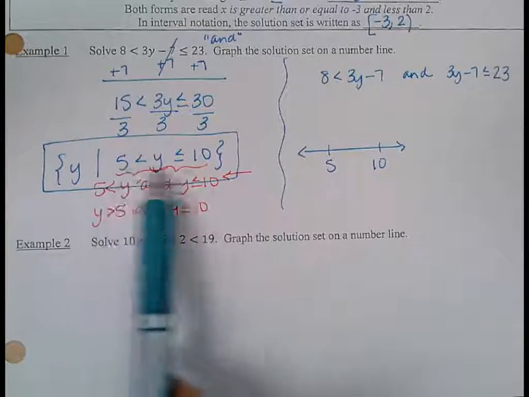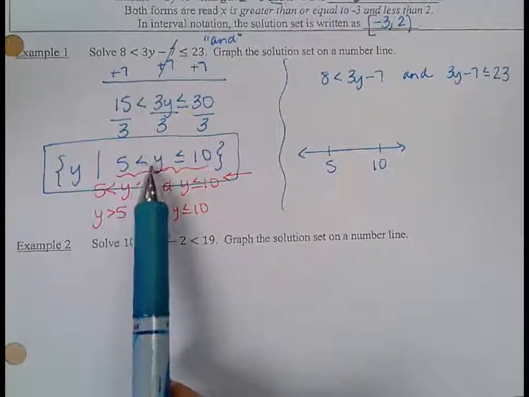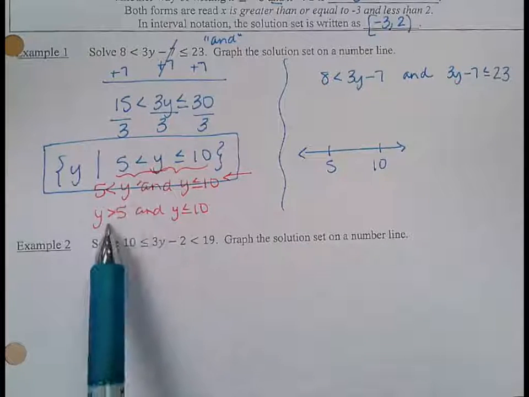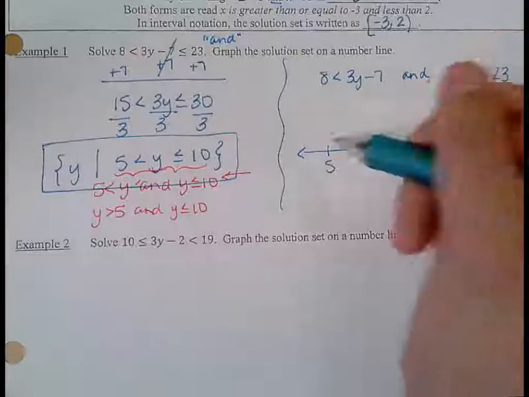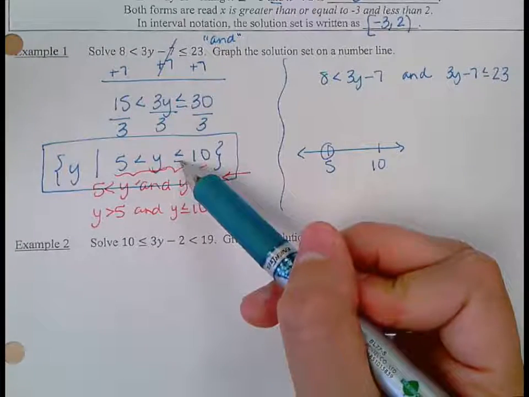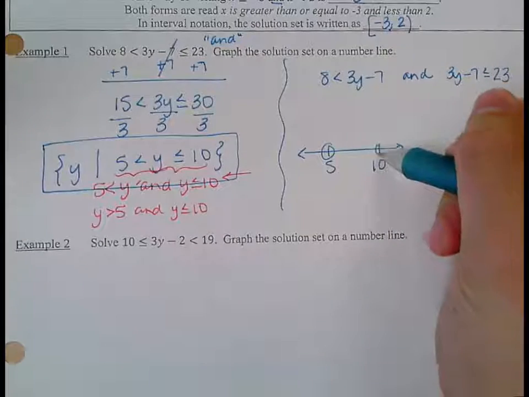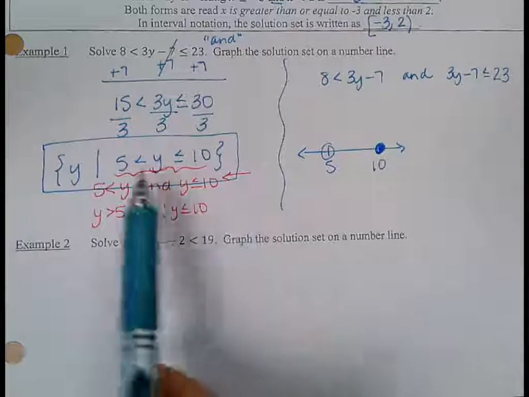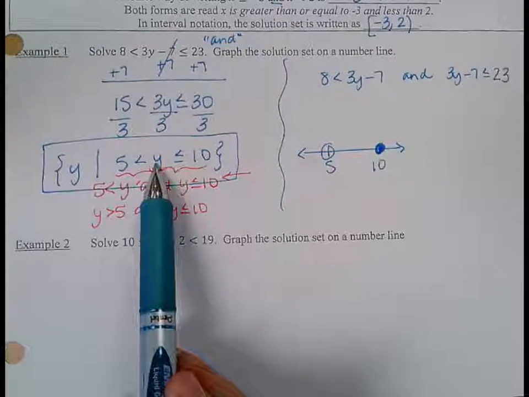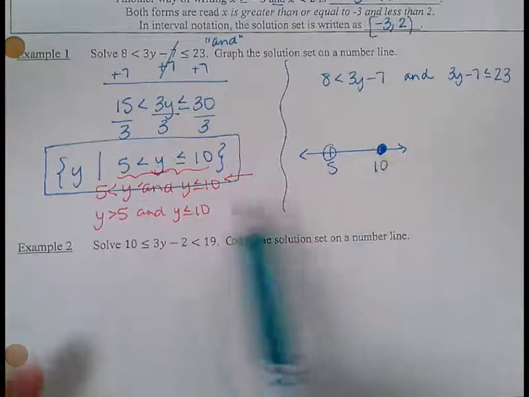And then what this is showing is, because of the less than symbol here, which if we had it flipped around like I did here, it's really greater than, I would need an open circle on the 5. With the less than or equal to symbol for the 10, I need a dot on the 10. And this notation is really showing that y is in between the two values, so I'm only shading in between.